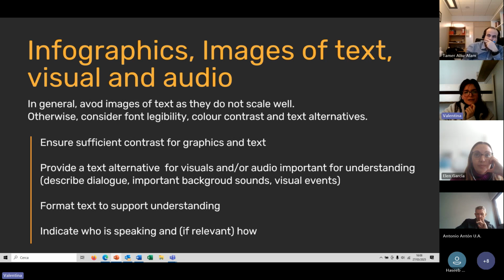When we talk about infographics, images of text, and visuals and audio, I think there are different things we can take into account.